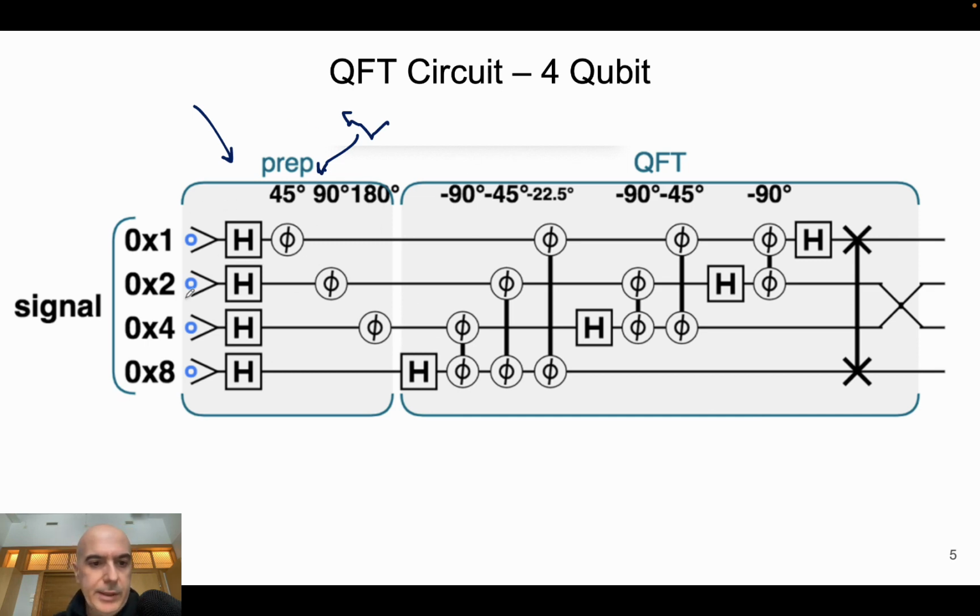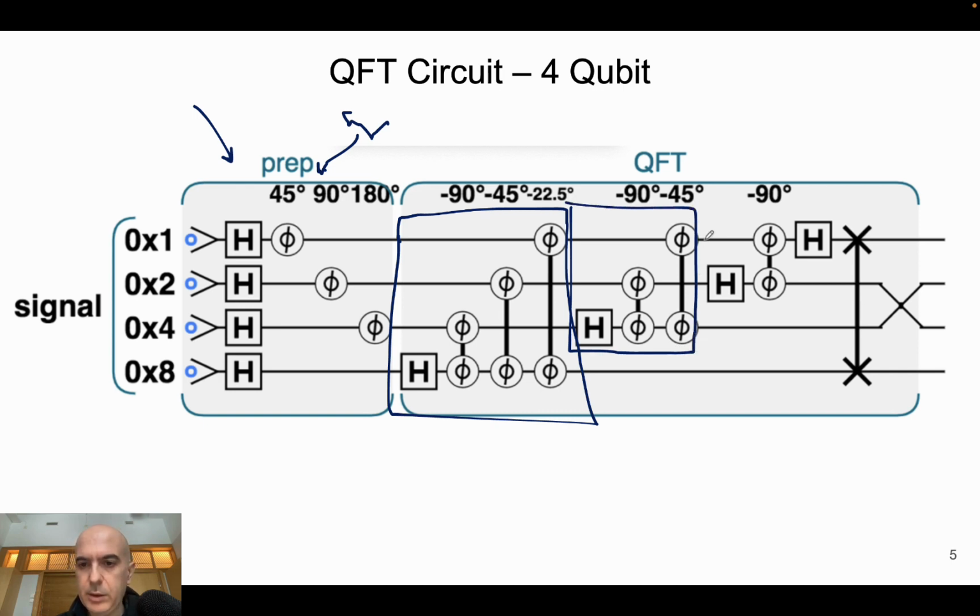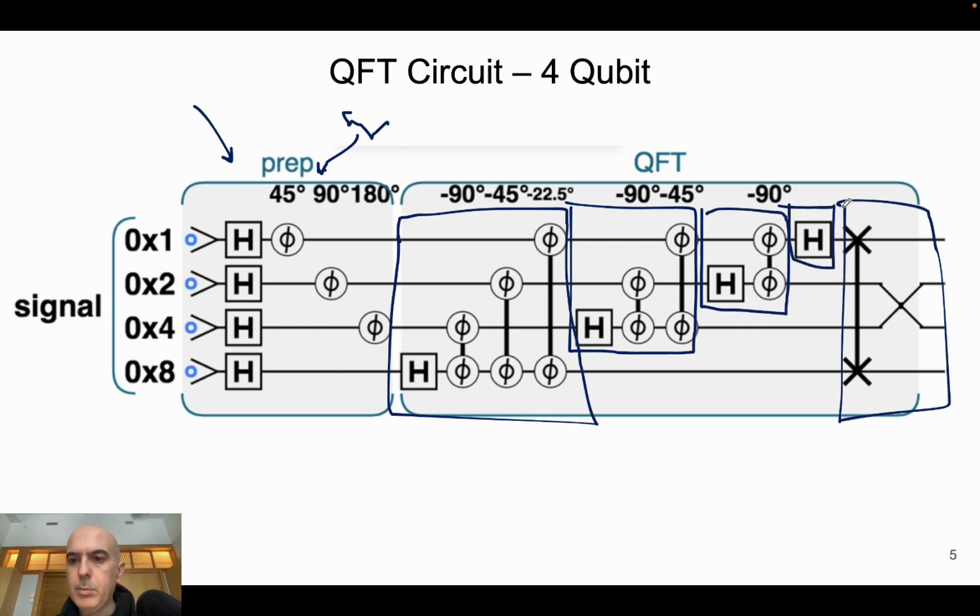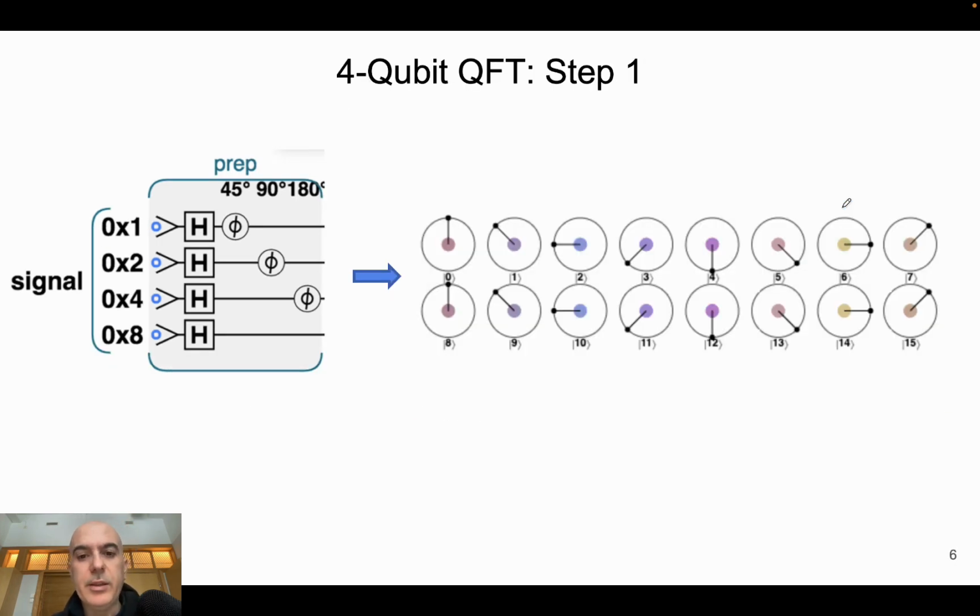So this is 4 qubits, so we have 5 components. The first one you see here is a series of Hadamard gates, and we have a second block here, Hadamard gate and controlled rotation, a third block here and Hadamard gate, and then a final block with the 2 swaps. So let's look at the different steps.